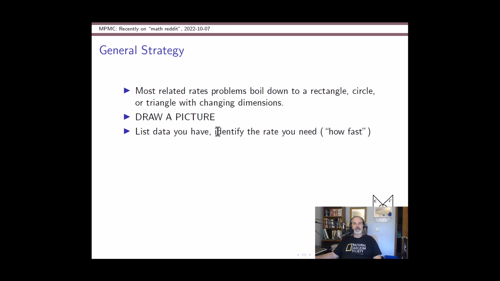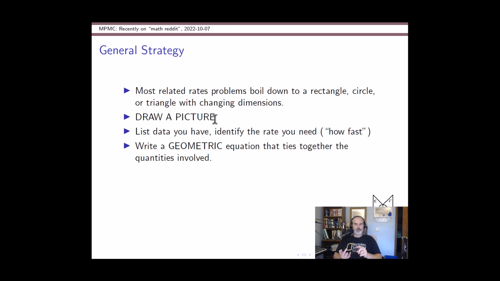Figure out which one it is based on the variables that you're given. Again, you're going to end up with a circle, a triangle, rectangle, or square, something like that. Maybe you're working with 3D shapes and you're looking at a sphere, a cylinder, whatever it is. It's going to be a simple geometric shape. There's going to be some fundamental known formula about the geometry of that shape that you'll bring into play.